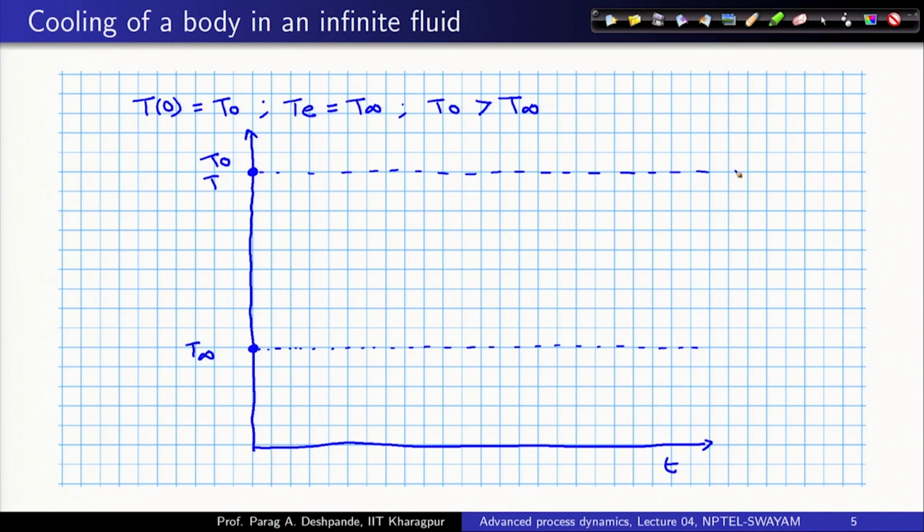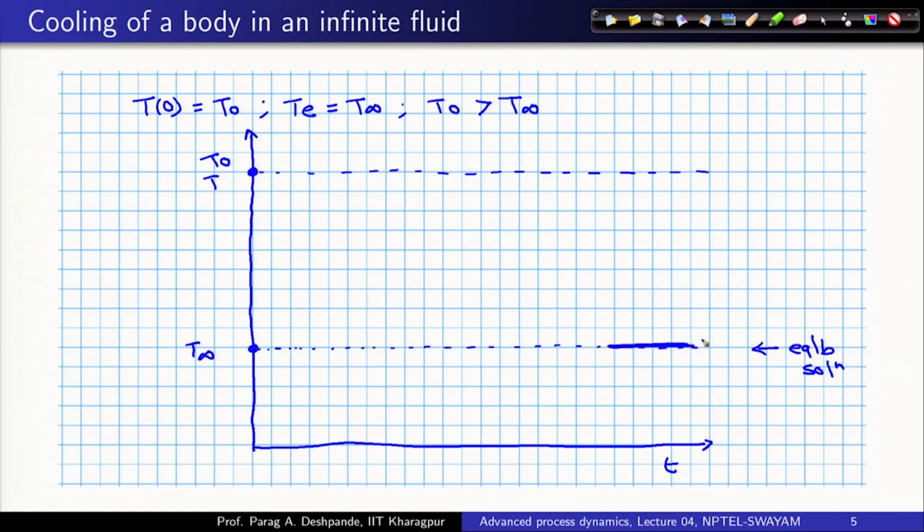So, all of my phase lines will lie between these two extremities only. Okay. Fine. And then what I see is that since T E is T infinity, this is my equilibrium temperature, this is my equilibrium solution rather. So, as t tends to infinity, I should reach here. So, asymptotically I should have this solution.